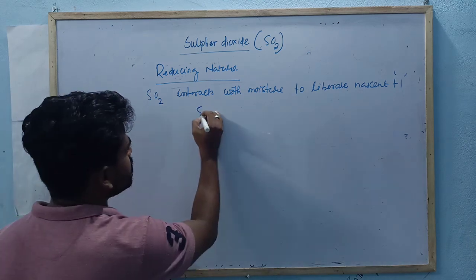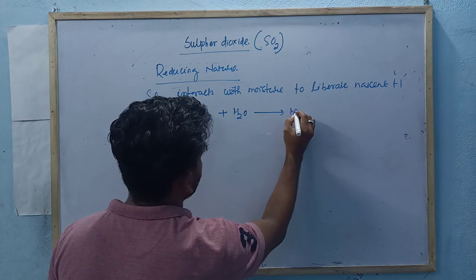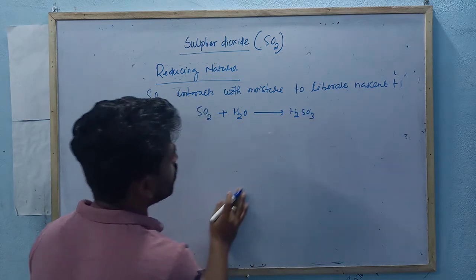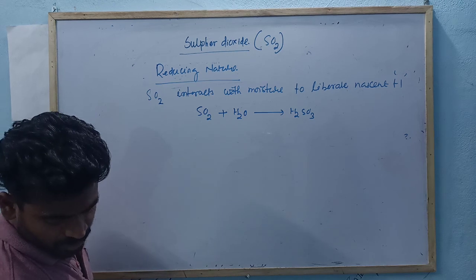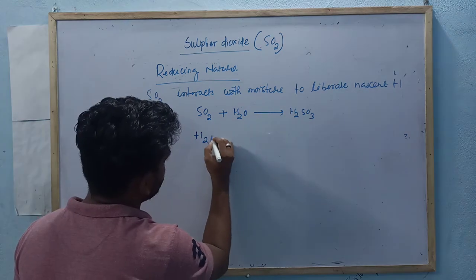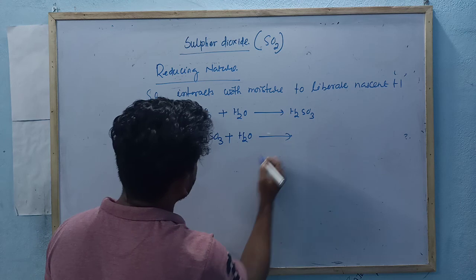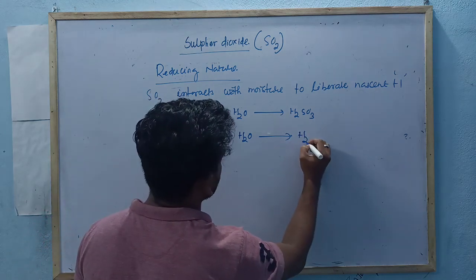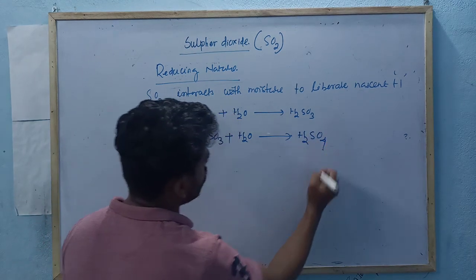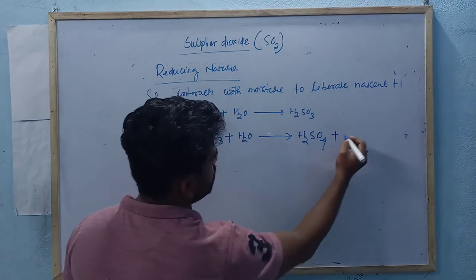How? This SO2 comes in contact with water, then it will form H2SO3, sulfurous acid. Then moisture is also there, so H2SO3 plus H2O gives you H2SO4, along with 2 nascent hydrogens.